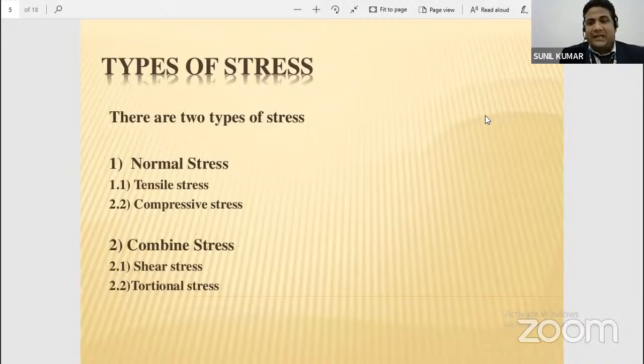Then tensile stress is equal to tensile load divided by cross-sectional area, so sigma is equal to P by A. Tensile strain is the increase in length divided by original length, which is delta L by L.